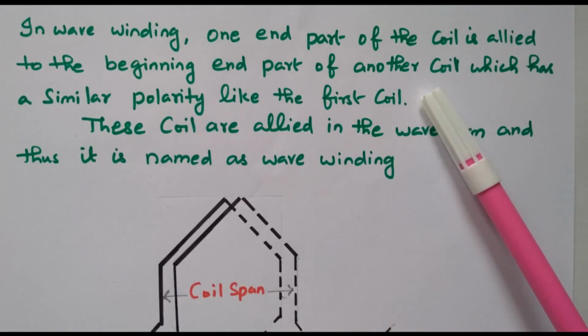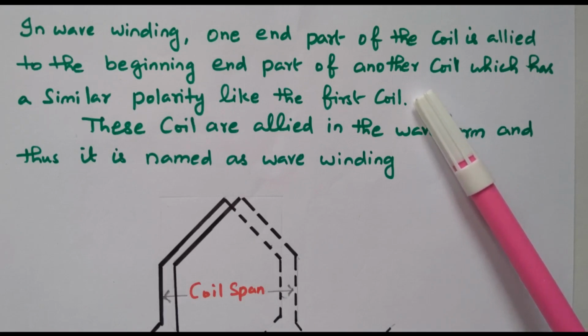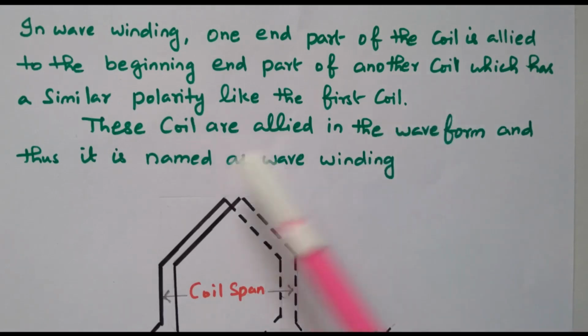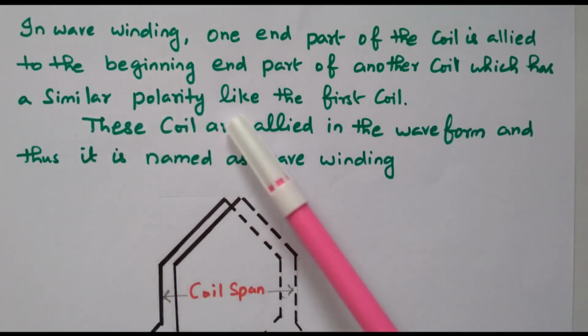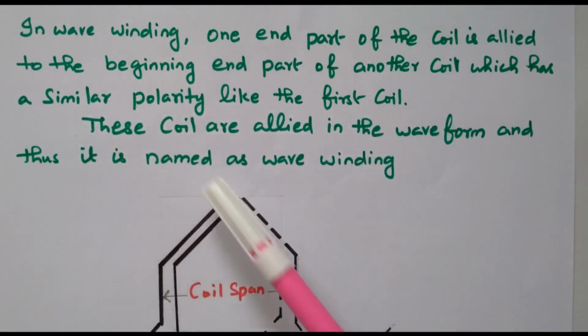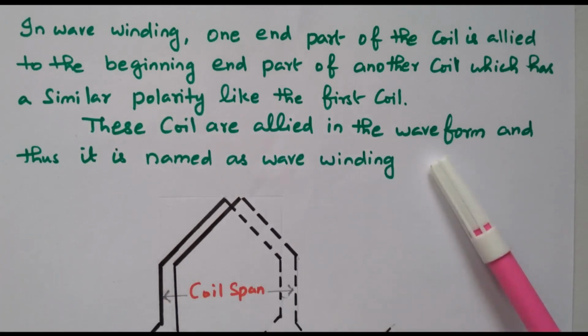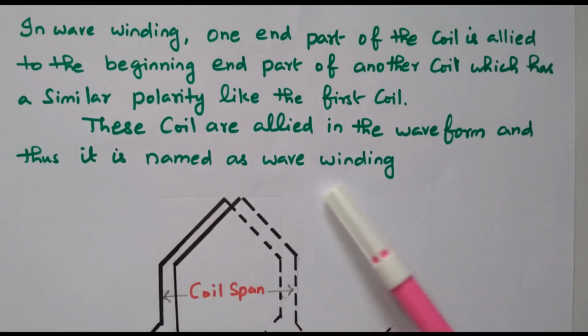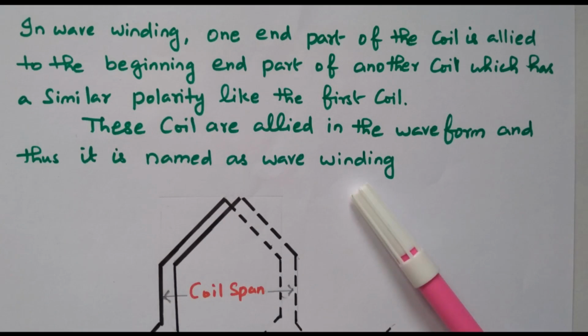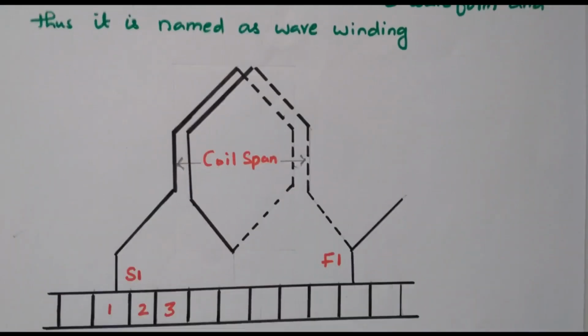So only 2 paths are available. We start with one coil, it goes to the beginning of the next coil, which has similar polarity to the first coil. These coils are connected in a wave form, and it is called wave winding. Like a wave it will go, so it is called a wave winding. We'll see the diagram so that you can understand easily.